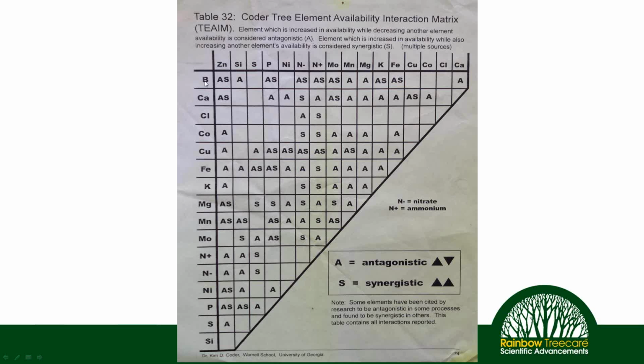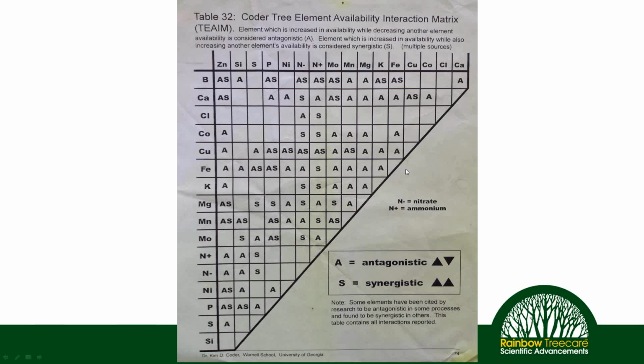So if we look at boron, and let's say calcium here, and we have our negatively charged nitrogen compound, we'll actually have a synergistic effect. So these two will be aiding each other, in one manner of speaking, to get into the plant so the plant can start using them.